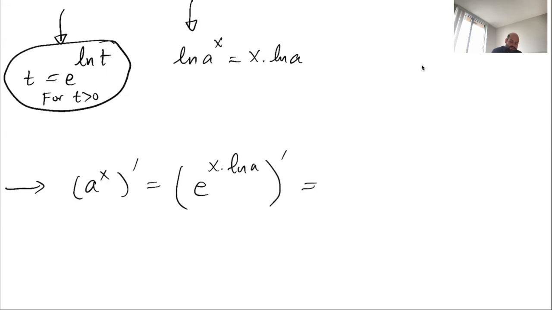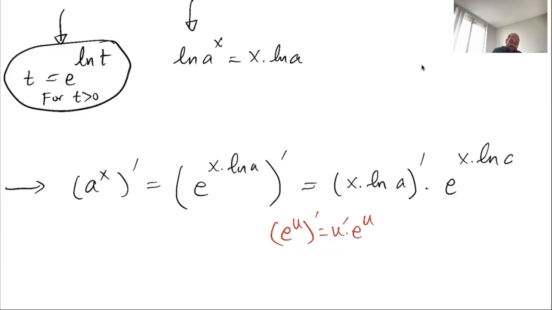Now, again, remember the formula that we had for the derivative of e to the power u was u prime times e to the power u. So this one we can write as the derivative of x times ln a, times e to the power x times ln a.